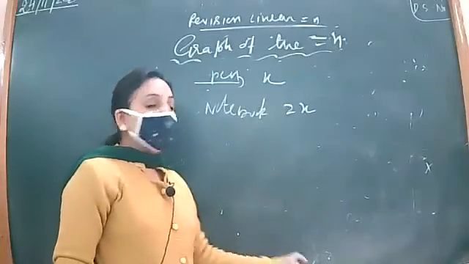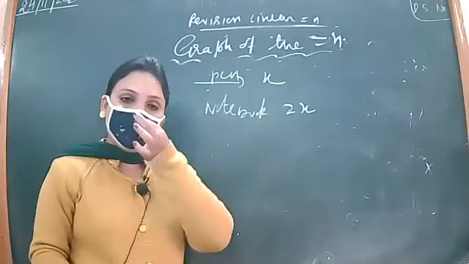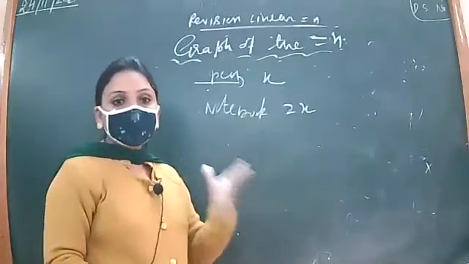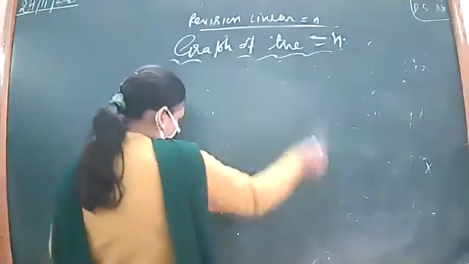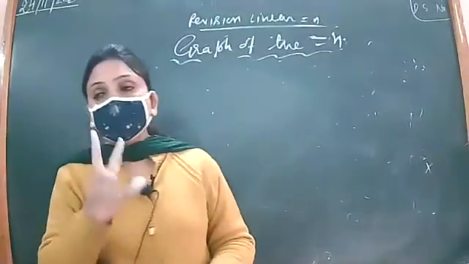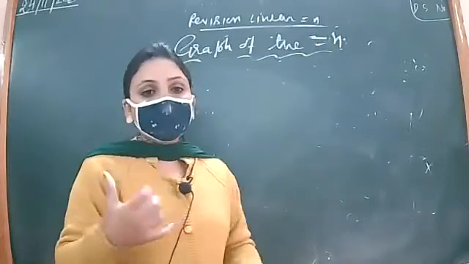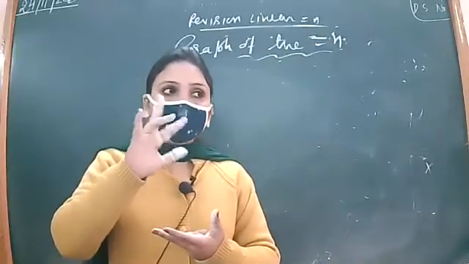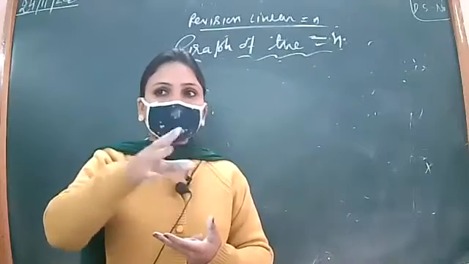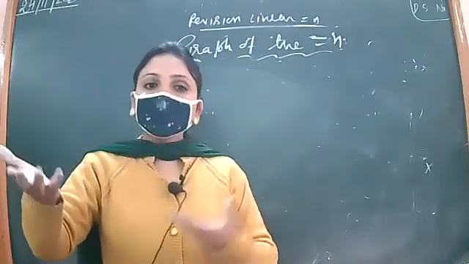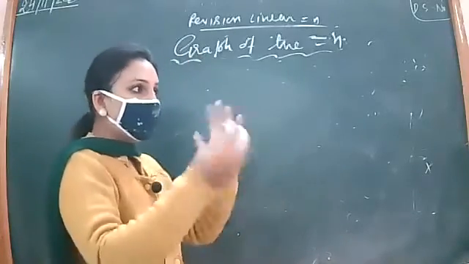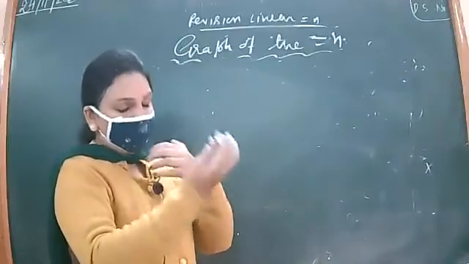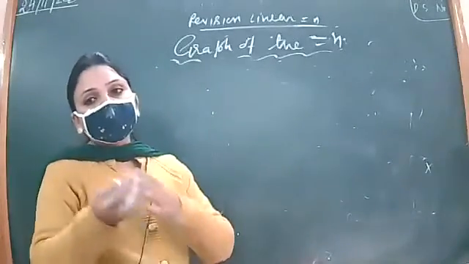Whenever we have to frame a linear equation in two variables, we have to choose two things from the statement. In this question, the cost of notebook is twice the cost of pen, so I will choose two things: the cost of pen and the cost of notebook. Assign one variable to pen and another variable to notebook.